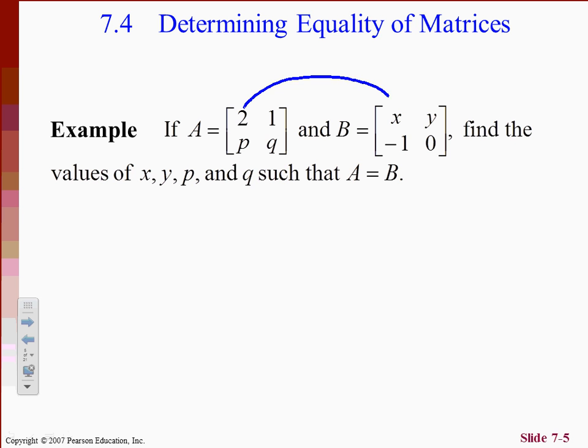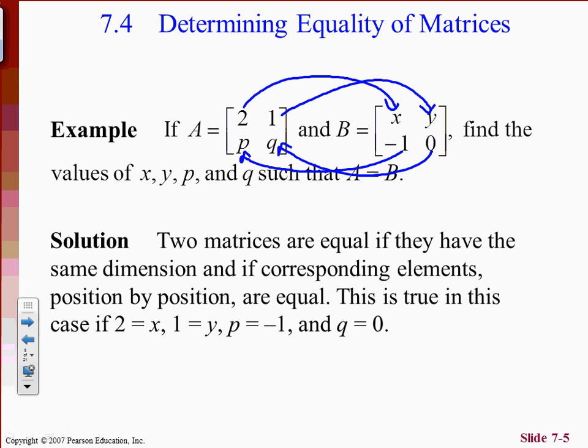The 2 in matrix A corresponds to the same place in matrix B. The 1 corresponds to the Y, and the same thing for the Q and the 0. The same numbers in the same place have to have the same values. So X equals 2, Y is 1, P is -1, and Q is 0. Not too tough.